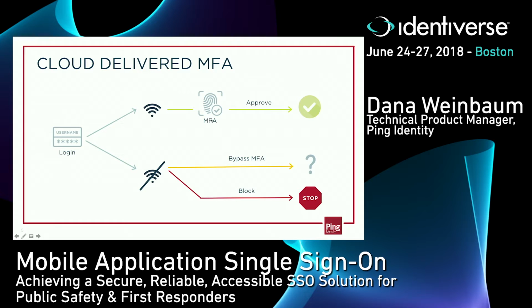When there is no internet connection, whether it's because the accessing device, the device from which the user is accessing, has no network connection, or if the cloud service is unavailable, or PingID is unavailable, or any other reasons, the admin can either block the user or bypass the MFA and allow the user to log in, but with a lower level of certainty about the user identity.